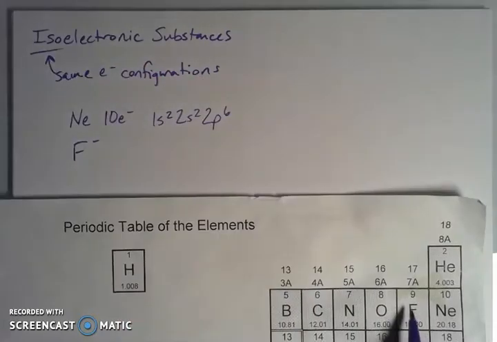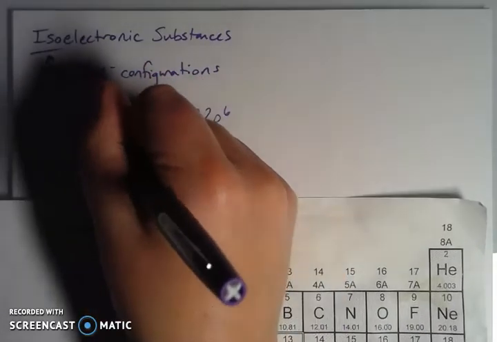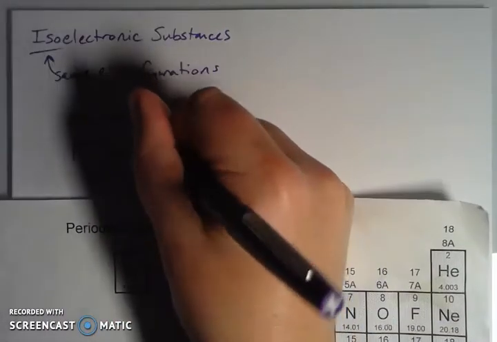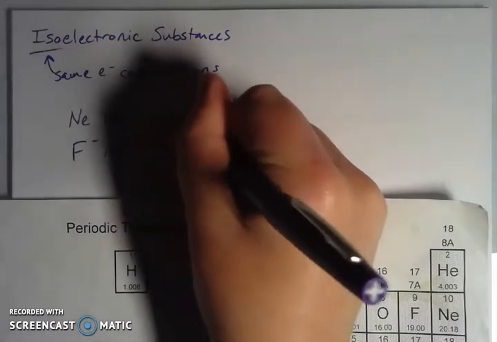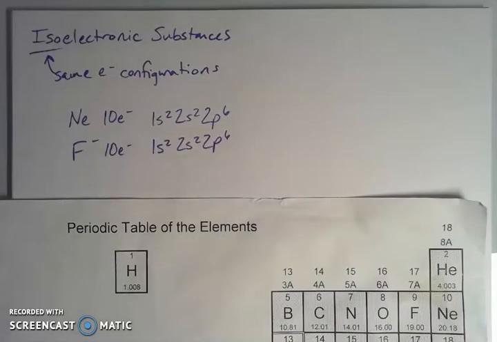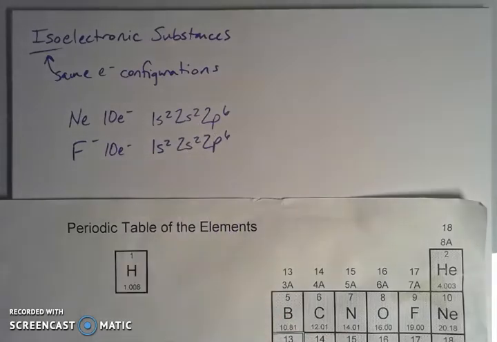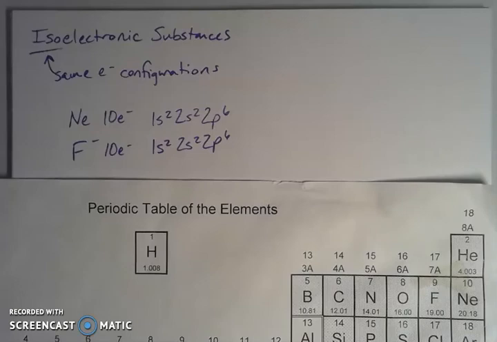So fluorine normally has 9. I have the extra, so now I have 10 electrons. If I'm doing the ground state of that ion, the lowest energy configuration, then it's going to give me this. There's those 10. From an electron configuration standpoint, I wouldn't be able to tell the difference between the fluoride ion and neutral neon. Neon isn't an ion.